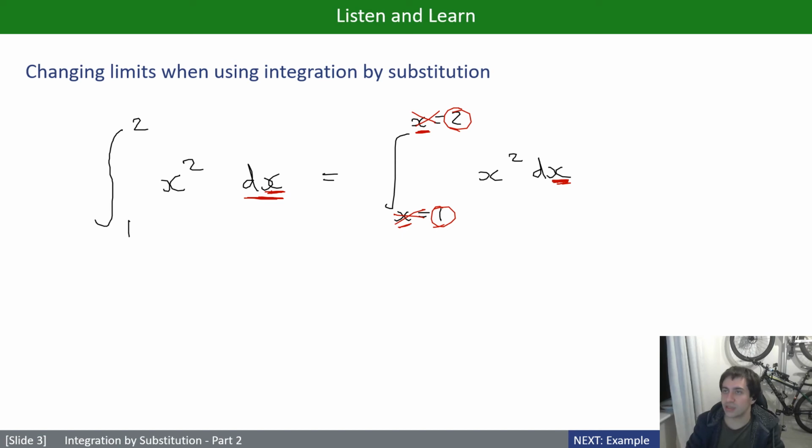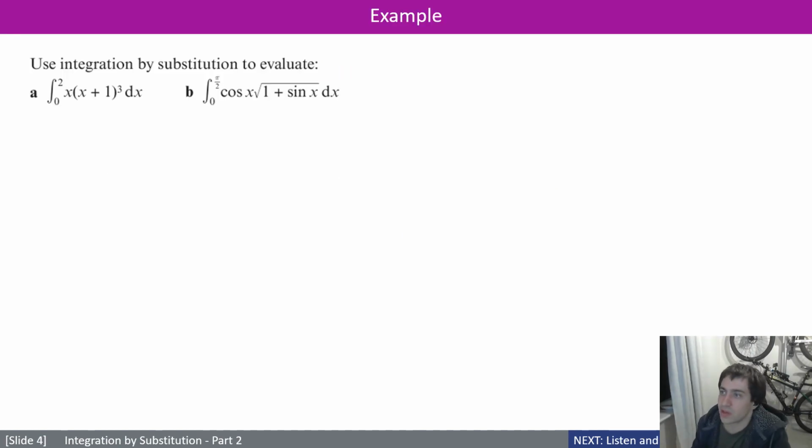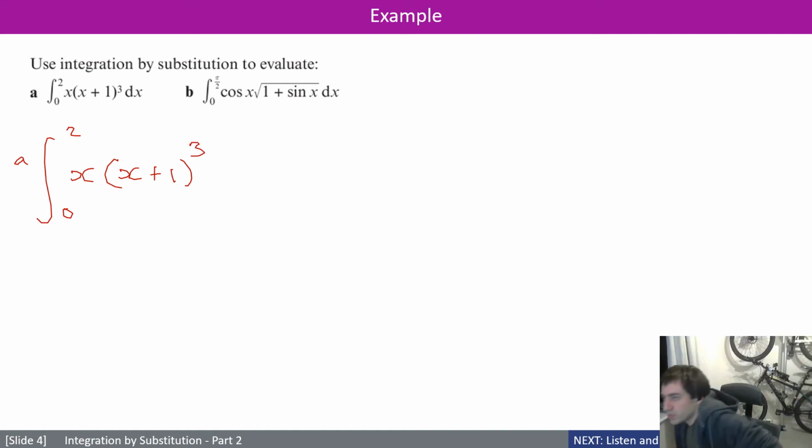So let's take a look at an example of doing this. Or two examples. First off, the integral from 0 to 2 of x times (x plus 1) cubed. Now we're not given the substitution, but hopefully with a bit of intuition you can think, okay, the thing that's awkward here is the x plus 1.